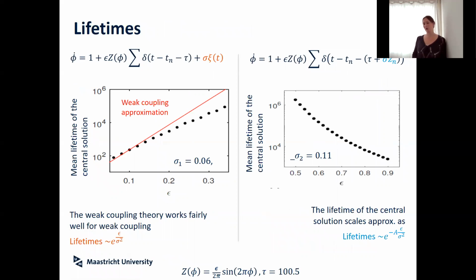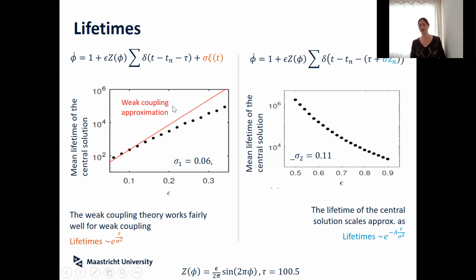Now then, looking at the lifetimes, we compare here the lifetimes of always the central solution, because that central solution has the same frequency and the same reception phase for all parameters. And what do we see here? That if we increase the coupling strength, the lifetime of the central solution for phase noise is increasing almost exponentially.